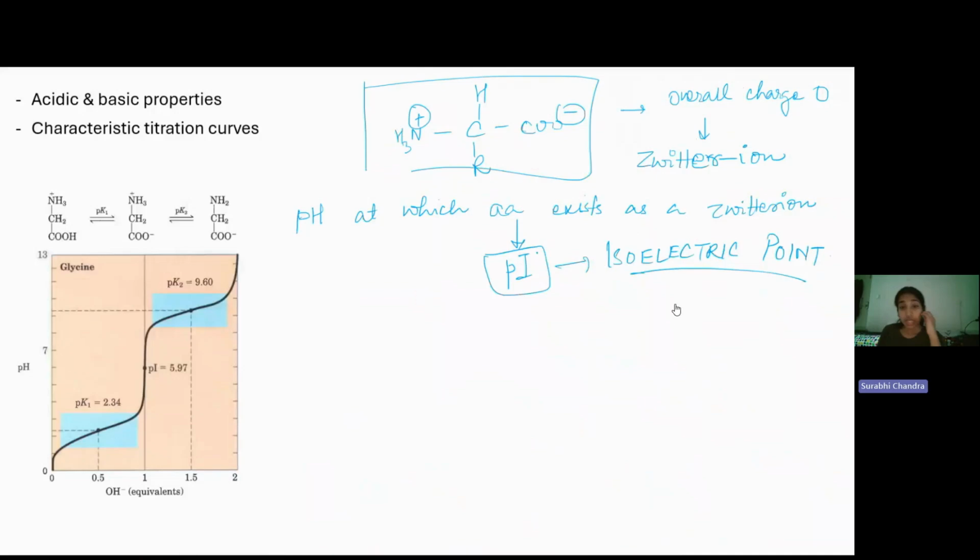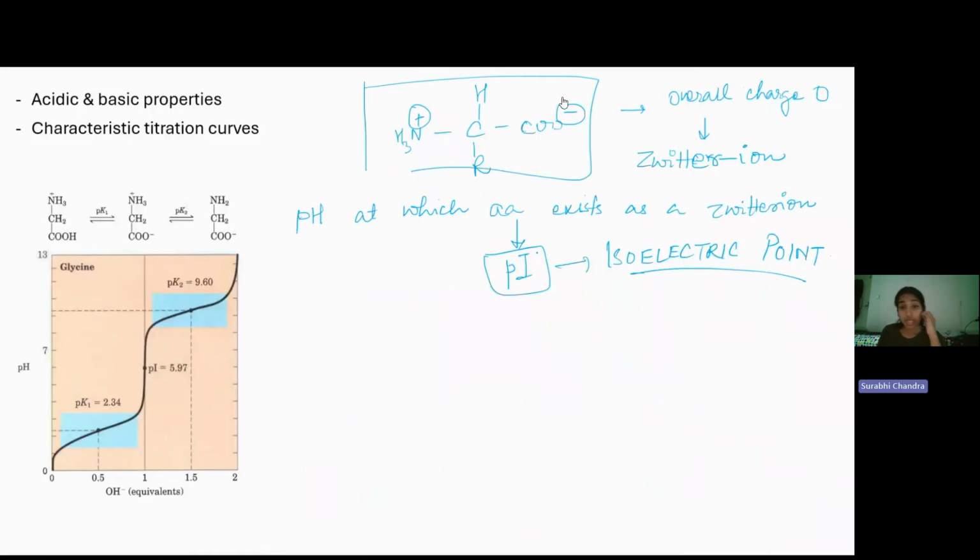For the previous example, which was just an example, at pH 6 it was neutrally charged, so the pI will be 6, because that is the pH at which it exists as a Zwitter ion.